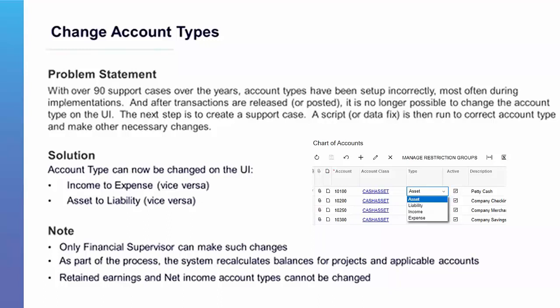As soon as an entry was made against an account, it could not be changed. Your only option was to deactivate the account and set up a new one. So now you do have the ability to flip that account type in the event that you needed to change its setting.